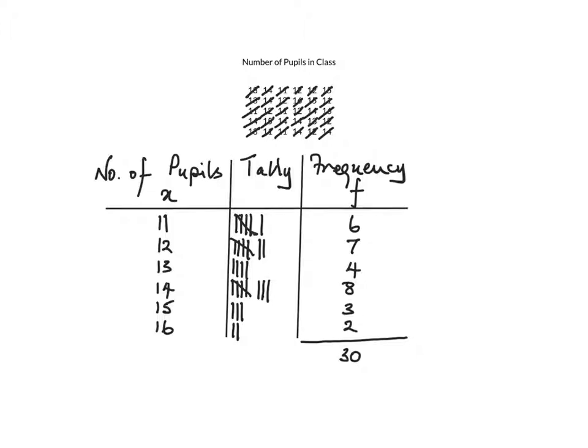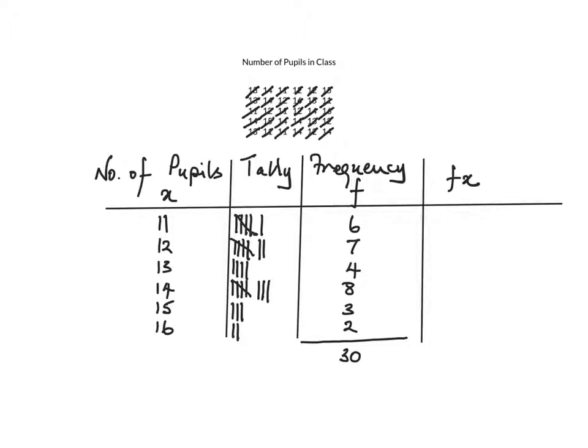The next thing to do is to introduce the FX column. And the first entry is found by multiplying this 6 here by this 11.